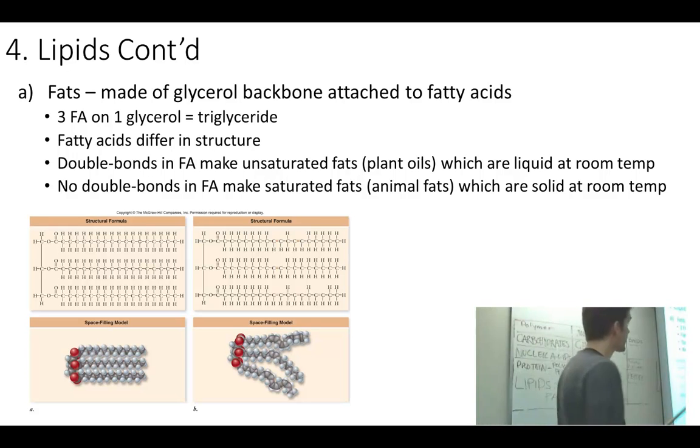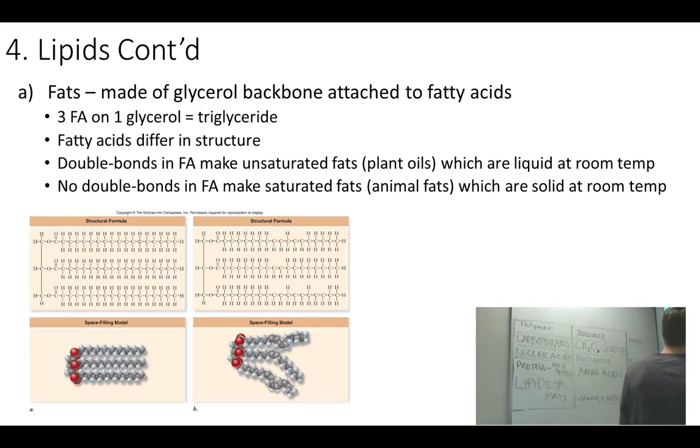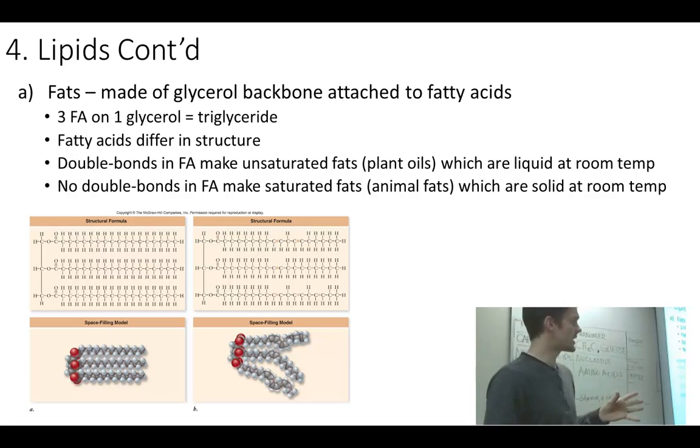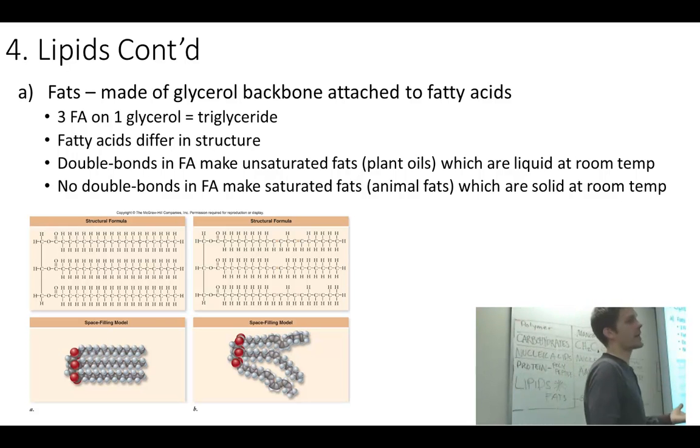An unsaturated fat is going to have these double bonds, so it's going to be kinked, so these fatty acids can't bind together. It's not going to require as much energy to break them apart, and so those are unsaturated fats, and those are liquid at room temperature.